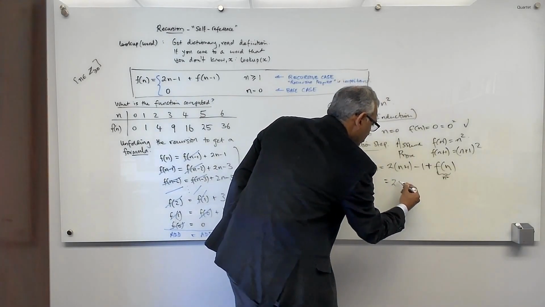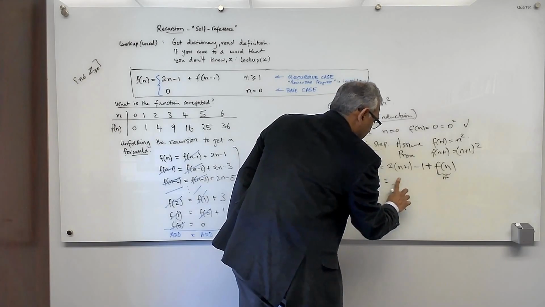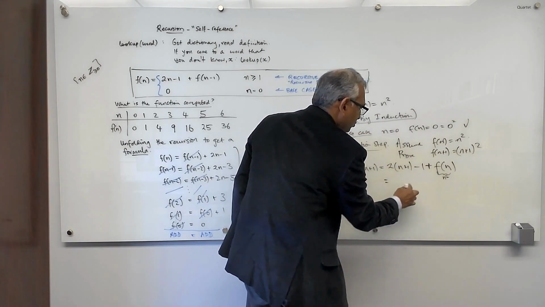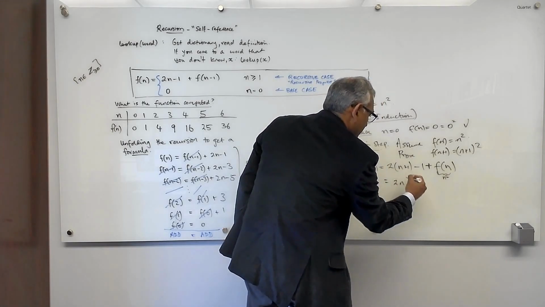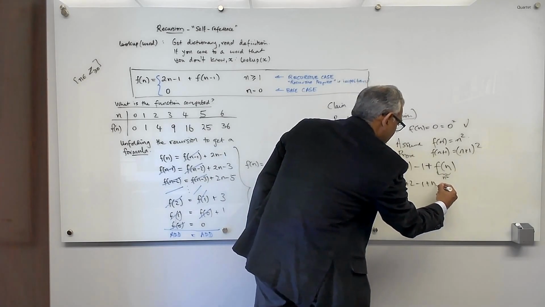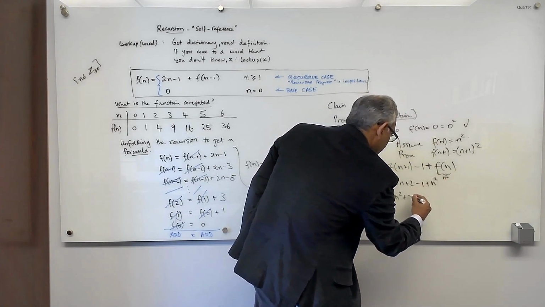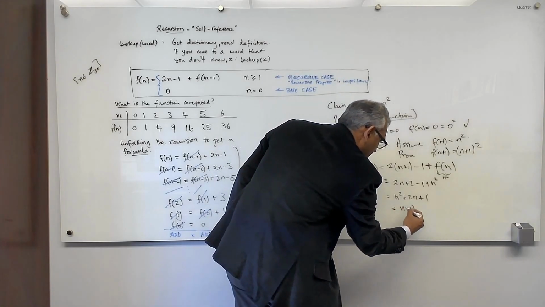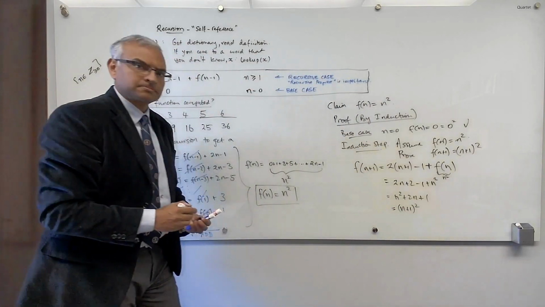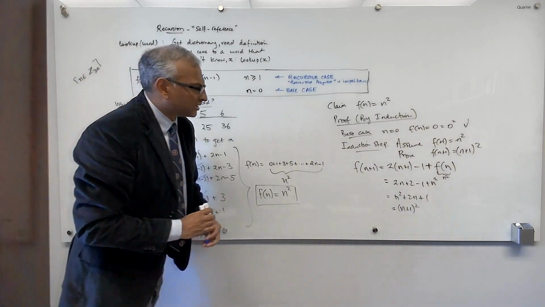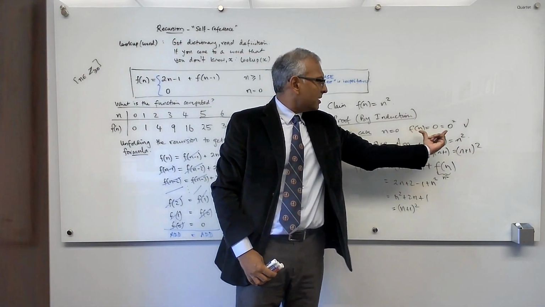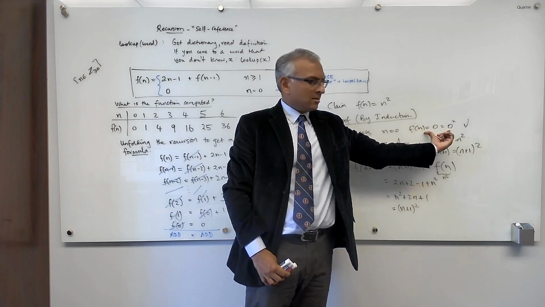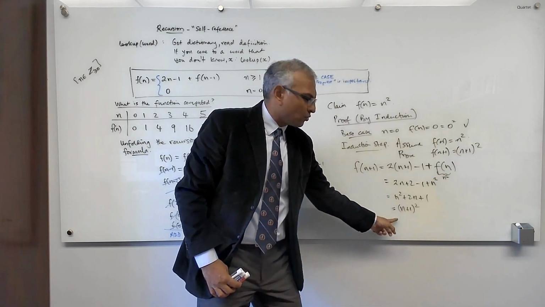So this is 2, I'll multiply it out, 2n plus 2 minus 1 plus n squared, which is n squared plus 2n plus 1, which we all know is equal to n plus 1 squared. And there, I've proved it. That if my claim is true for n, then it's true for n plus 1.